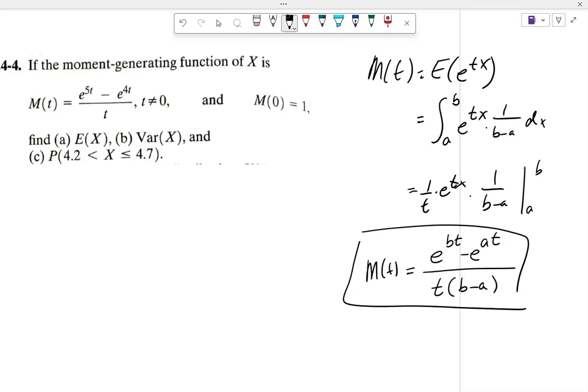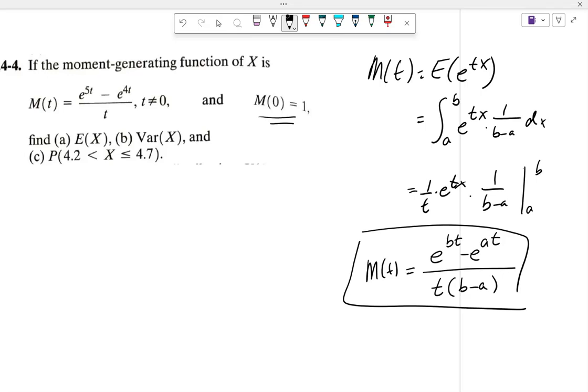No. However, and you'll notice how it's written in this particular problem, you can take the limit as t approaches 0 and find out this really is equal to 1. So technically, we also need to use that piecewise idea and define the moment generating function at 0 to be 1, so that you can actually talk about it.